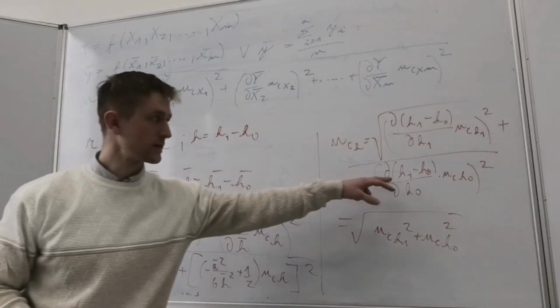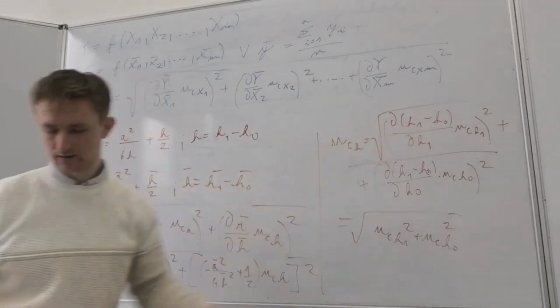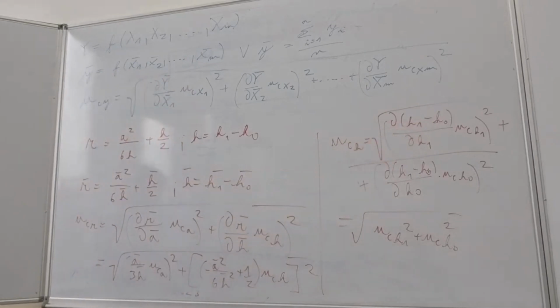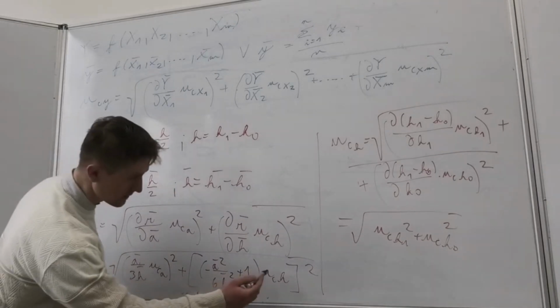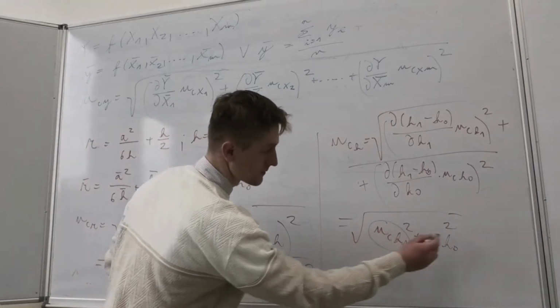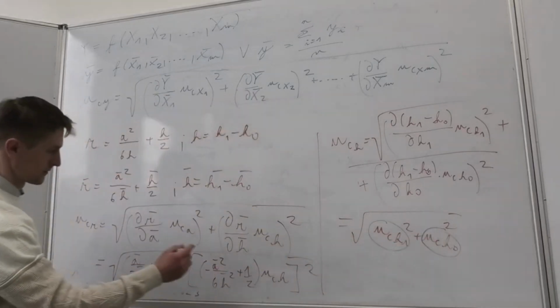The partial derivative comes out to 1 here and minus 1 here, so it's simple. What exactly is it that you don't know about this relationship if you want to substitute it in? Calculating arithmetic means is easy, but you also need to calculate UCH1, UCH0, and UCA.